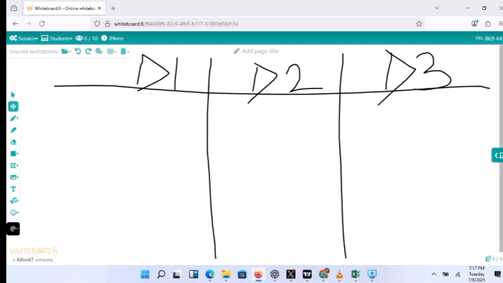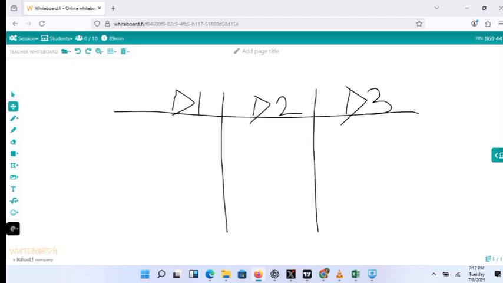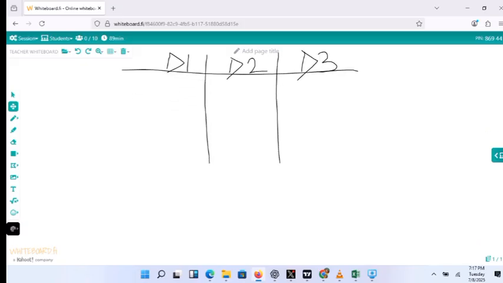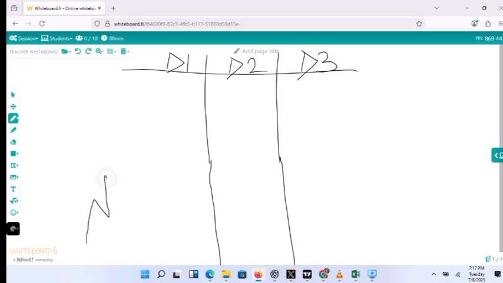Day 1, day 2, day 3. Now, we have a structure like this in day 1, and it ends here.